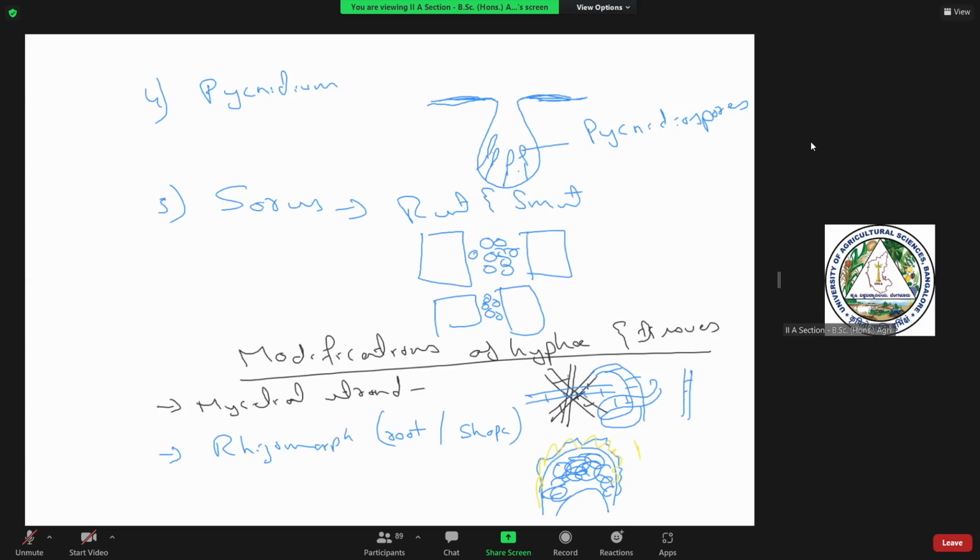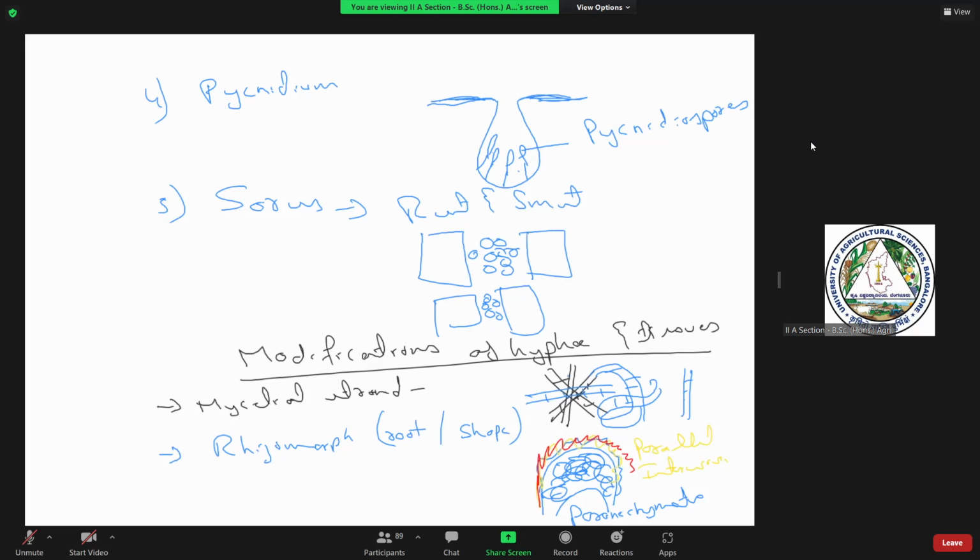parallel or interwoven parenchymatous tissues, a parenchymatous mass of hyphae, and these often have a thick, hard cortex.